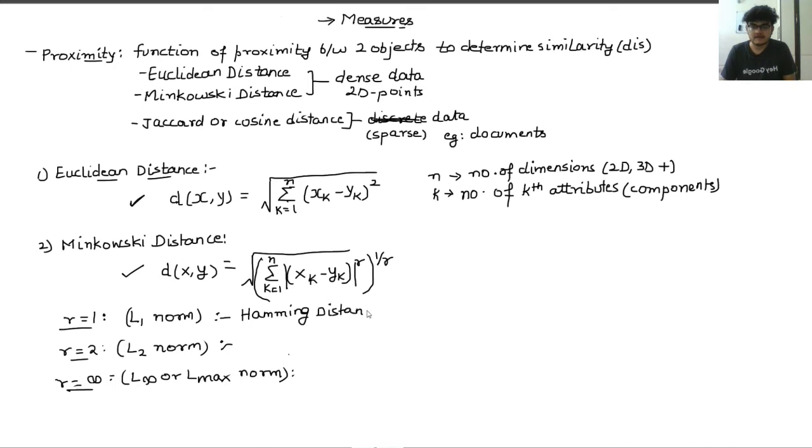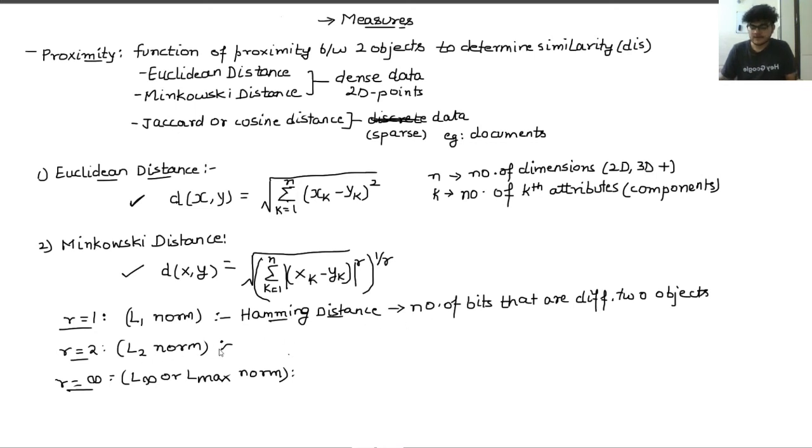This means that if the value of r is equal to 1, we say it is Hamming distance, because this formula will be able to calculate the Hamming distance, and basically Hamming distance is used to calculate the number of bits that are different between two objects. So if we have r equals 1, then we call it a Hamming distance.